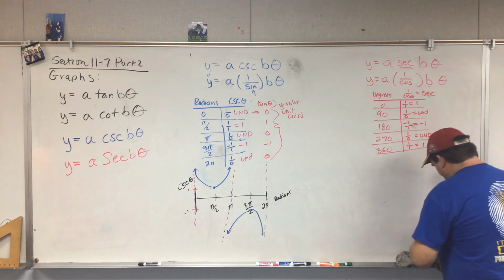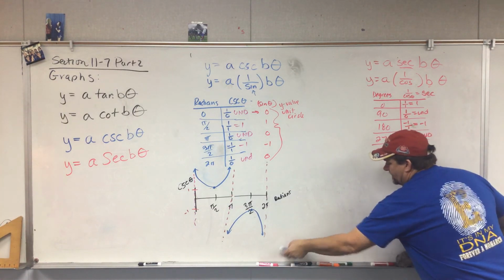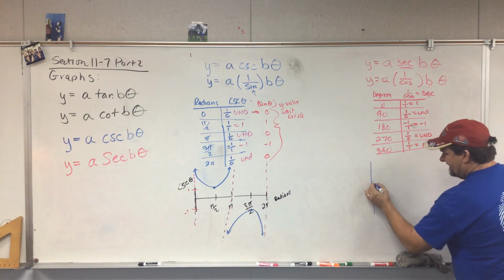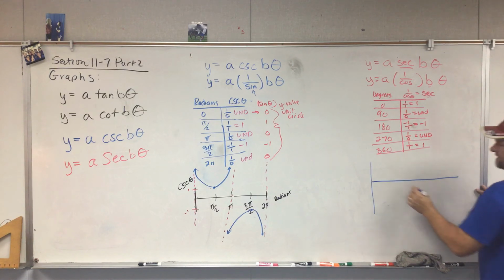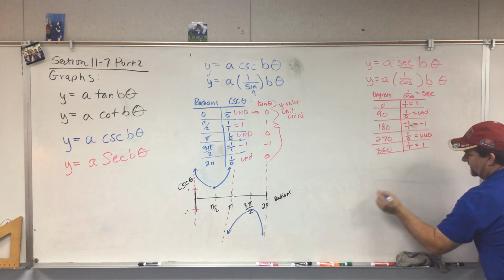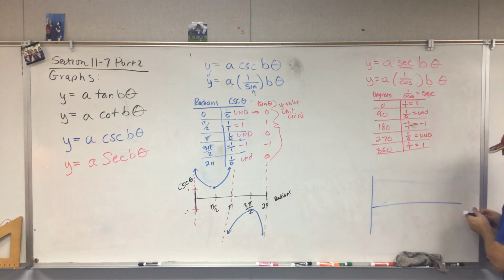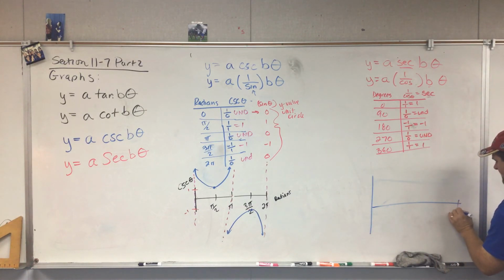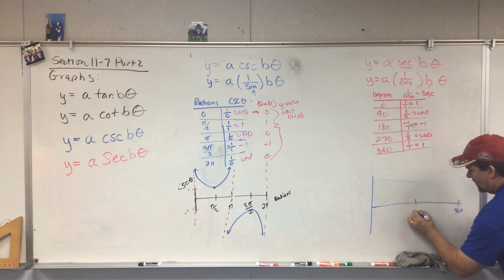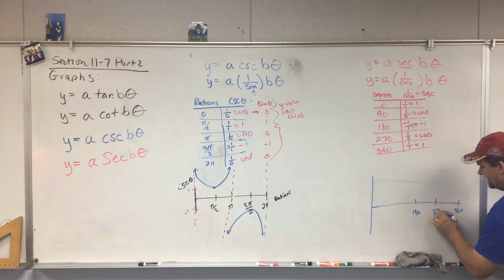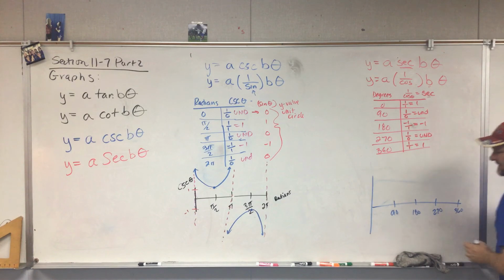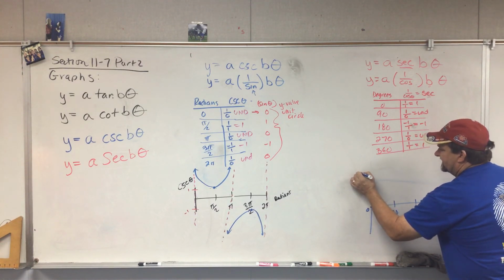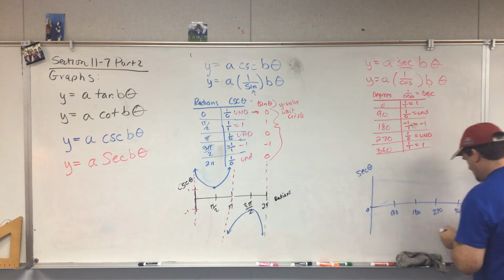Now let's work with what we got here. Let me draw this down here a little bit lower. We have 0, 90, 180, 270, 360, and this is secant of theta.